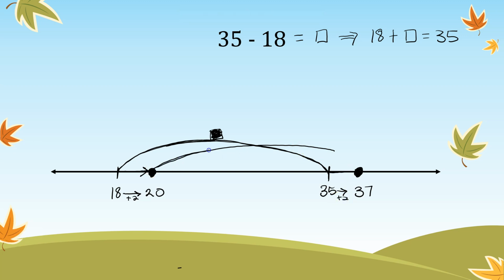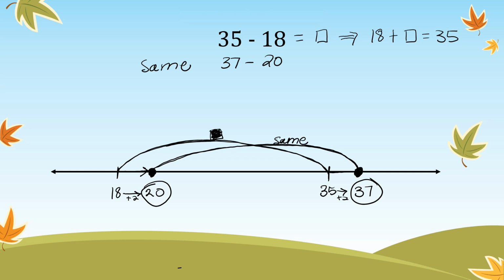The answer is that blank, that distance, and that distance has to be the same. So we are saying now 35 minus 18 is the same as 37 minus 20, because all I am doing is taking that distance and moving it forward 2 units.